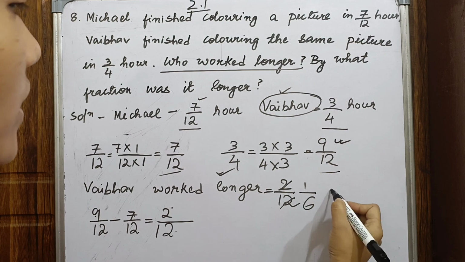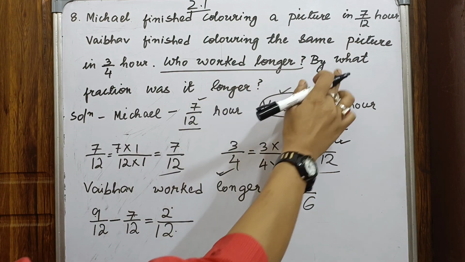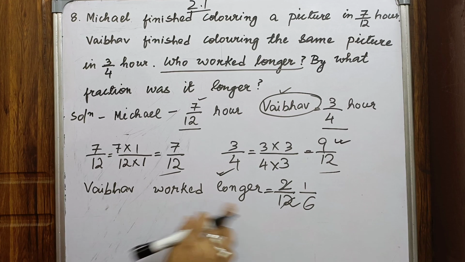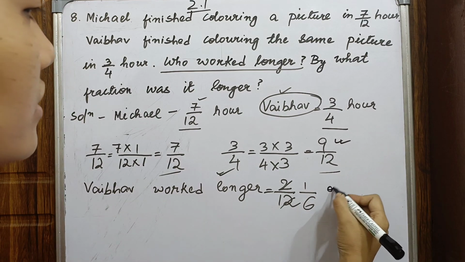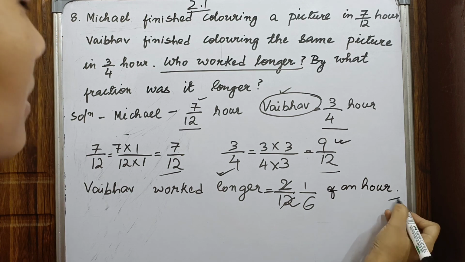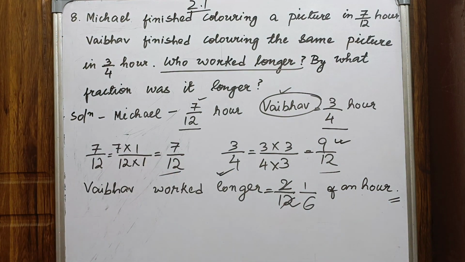So it is 1 by 6 is the answer for by what fraction was it longer. It is 1 by 6. The answer is Vaibhav worked longer by 1 by 6 of an hour. It is given in hours, so we have to write of an hour.